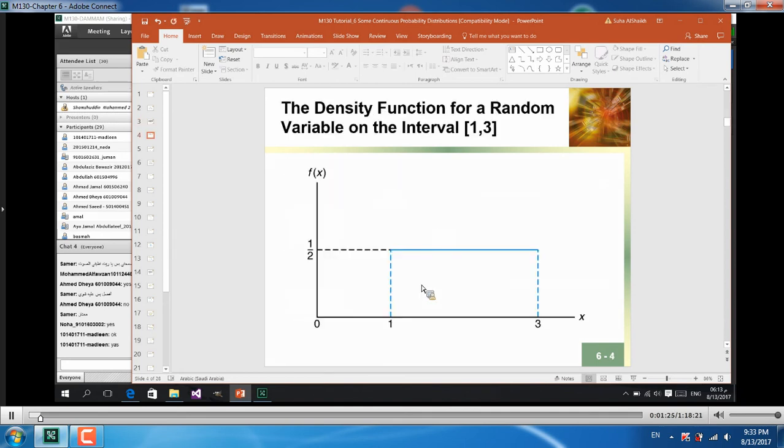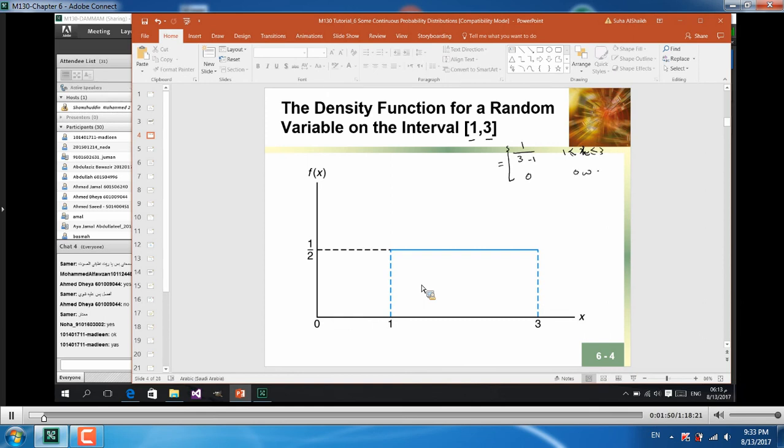Now for an example, here they give you this example. I'm talking about a function defined on the interval from 1 to 3. The function in that case is defined to be 1 over b minus a, which is 3 minus 1, for the x's between 1 and 3 and 0 otherwise.